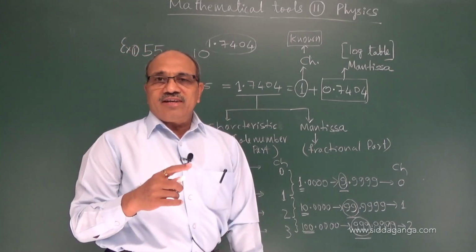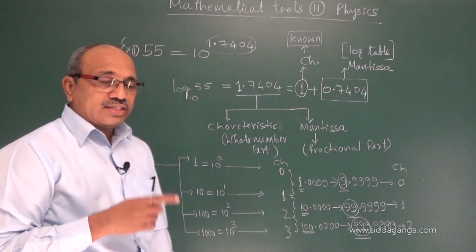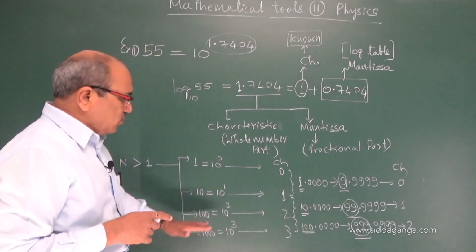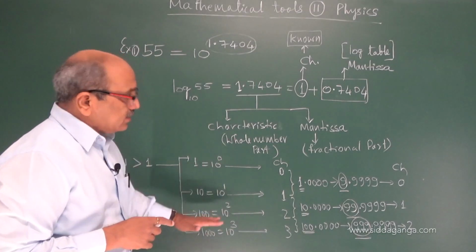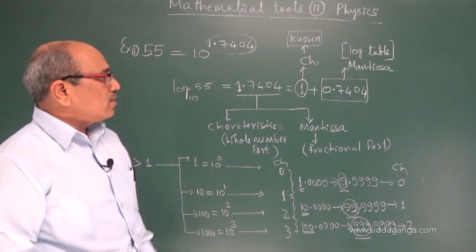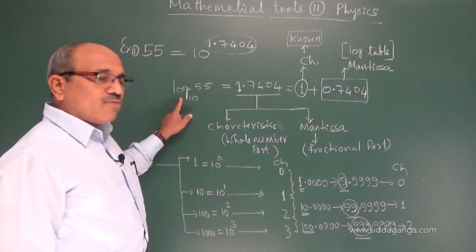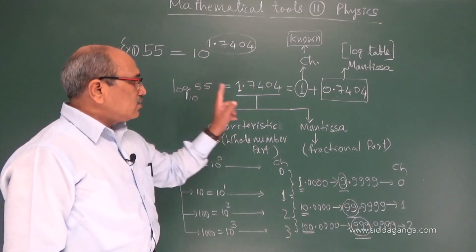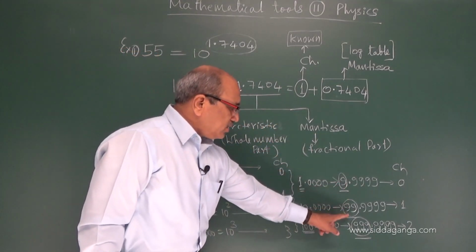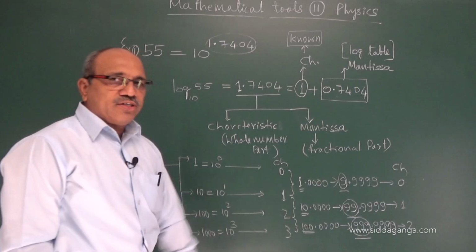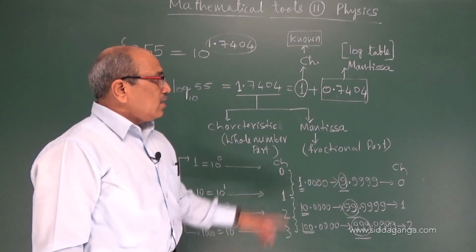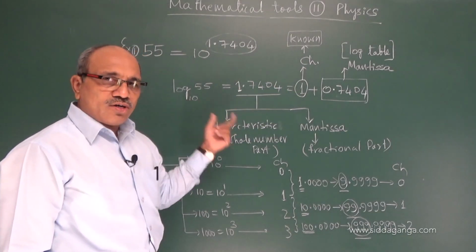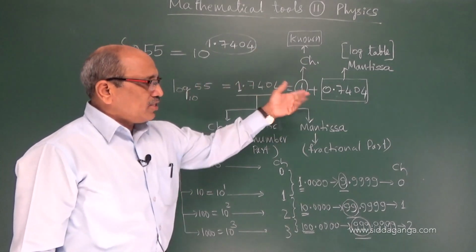If the number is less than 1, a fraction, what may be the situation? Please, I am repeating, please remember, for every log value you are determining, go through the number carefully, see the number of digits present to the left of the decimal point, make it 1 less and write the characteristic value, and any mantissa you want, we obtain from the log table.